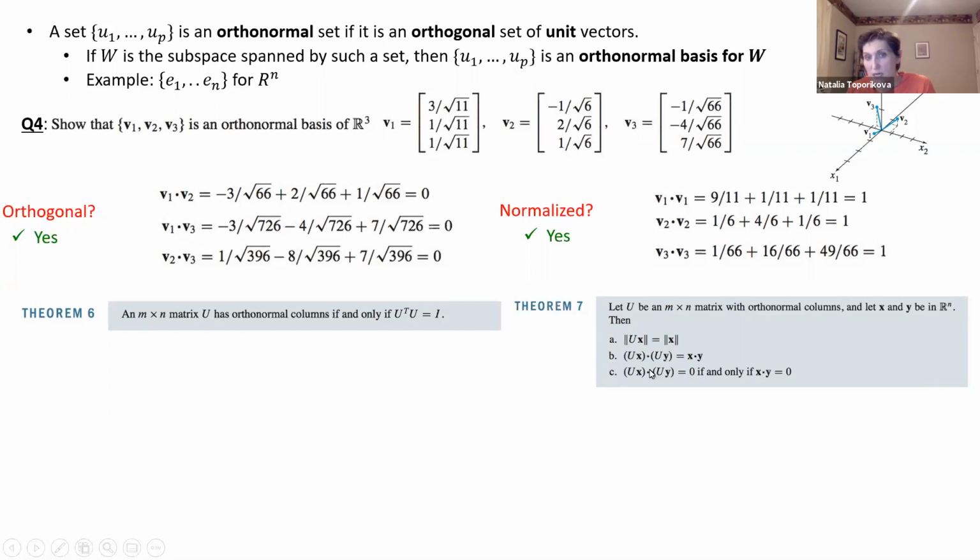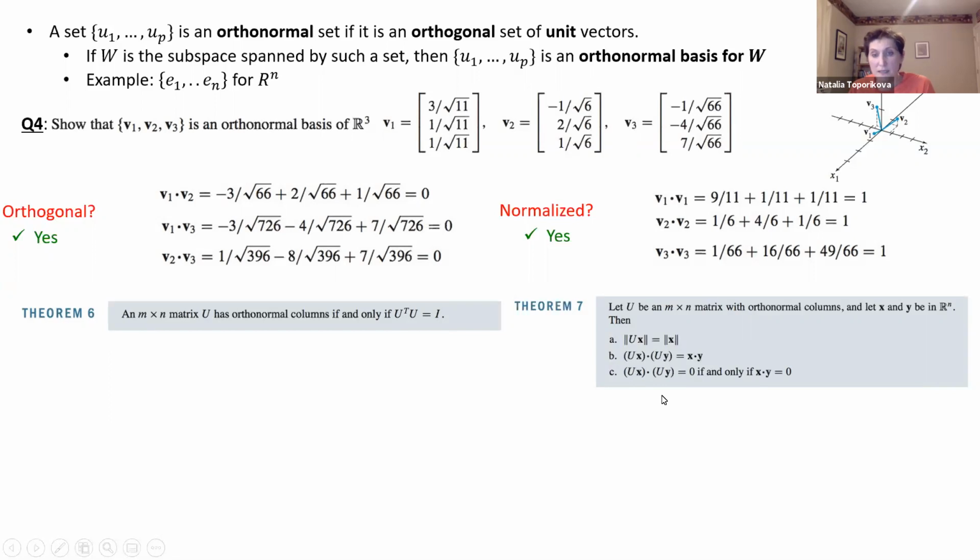Also, if we multiply our orthonormal matrix U by 2 different vectors, x and y, and calculate the dot product, it should be exactly the same as the dot product of x and y.